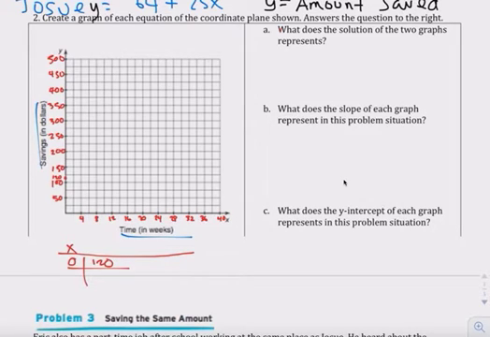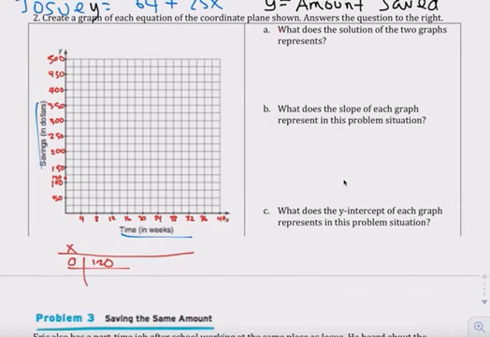Write a linear equation, a system of equations, that shows the total amount of money saved by Eric. Eric has $25 in his account, and he's going to save the same amount as Josue, so he's going to save $25 per week. That is Eric.